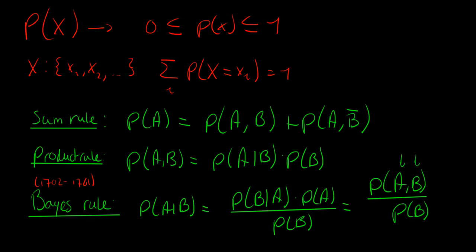If you look at only one of the two, you call it the marginal. And this formula is actually just a rewritten formula of the product rule. If you divide both sides by the probability of B, you would actually already get this formula. And using the sum rule from the numerator, then you would actually get Bayes' rule. That's it.